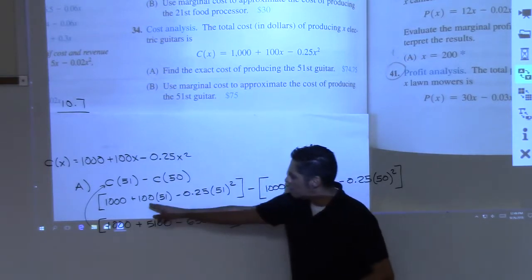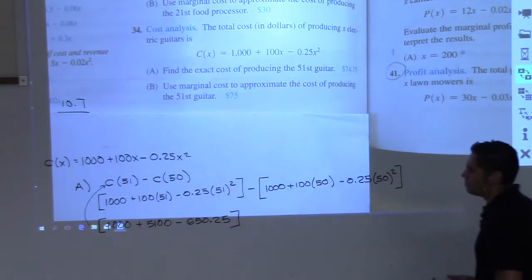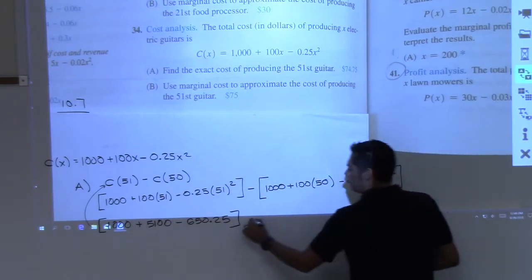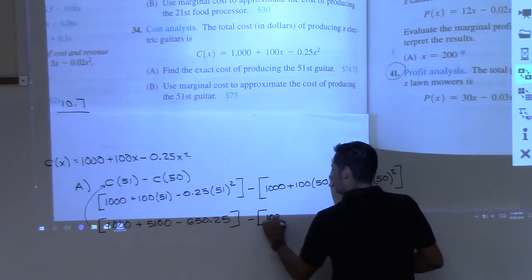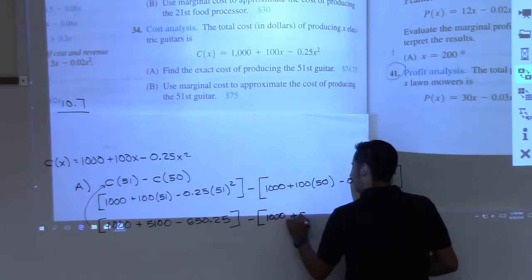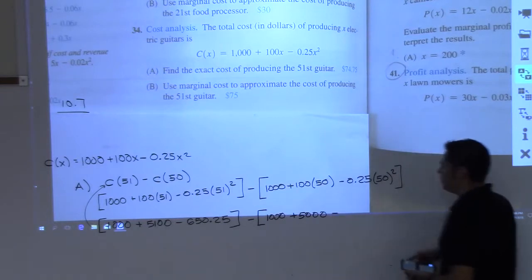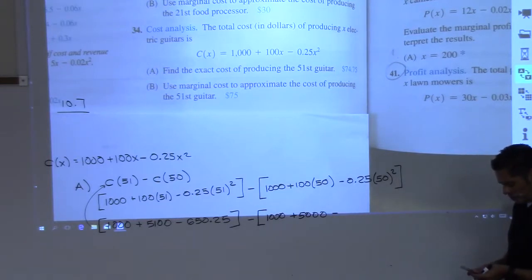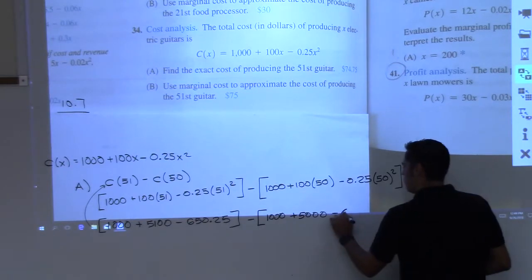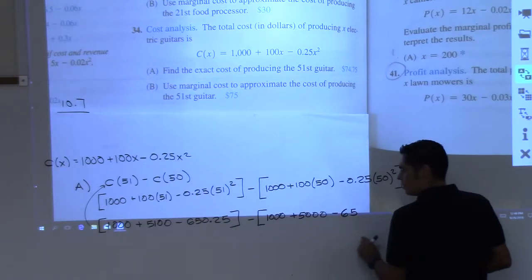Okay, so I did 100 times 51 there. And then over here, 1,000 plus 5,000. And then minus, and then same thing, you have to do this calculation. 50 squared times 0.25. 625.